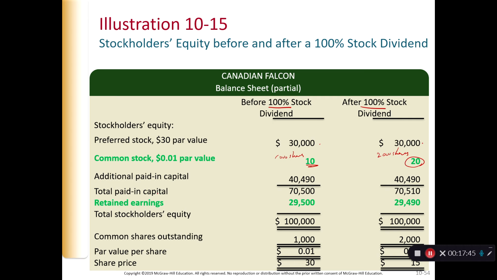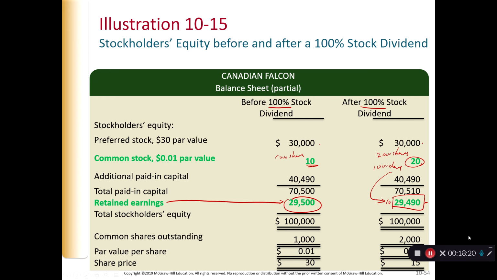Additional paid-in capital doesn't change, because remember, a stock dividend doesn't change anything about total assets, liabilities, or total equity. However, retained earnings was before 29,500, and now it is reduced, because this stock dividend, the extra 1,000 shares, comes from the retained earnings account.